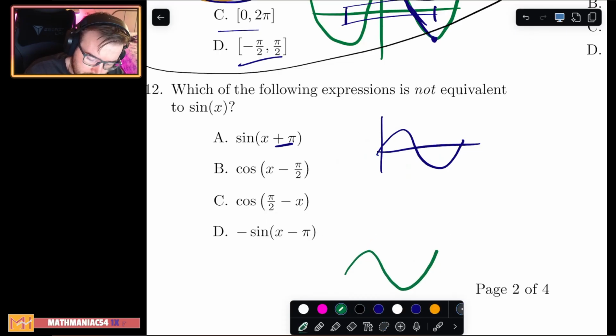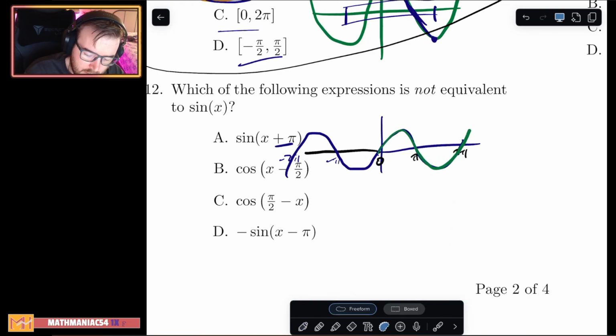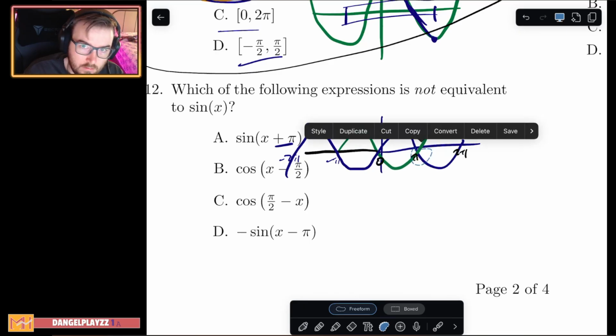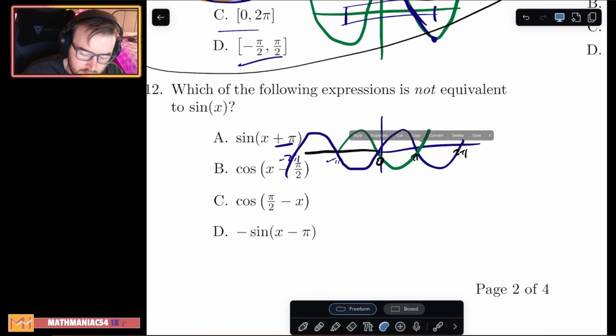This is 0, pi, 2 pi. We could keep going, and the curve continues, right? And this is 0, negative pi, negative 2 pi. And if we take this function and move it left pi, is it equal to sine any longer? No, it's not. These aren't the same. Wrong.